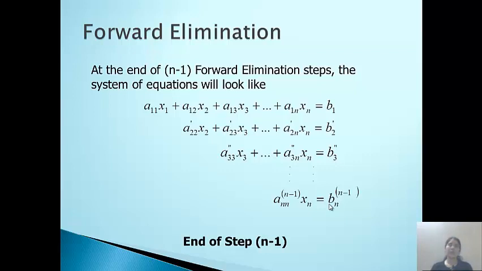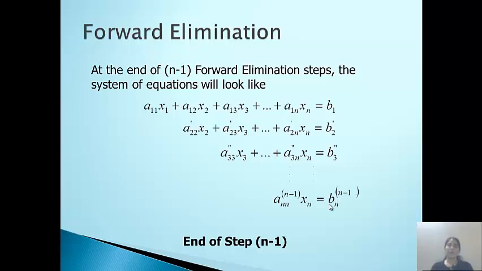The system of equations will look like a11 x1 plus a12 x2 plus a13 x3 plus dot dot dot plus a1n xn equal to b1. Then the second equation will be reduced to a22 x2 plus a23 x3 plus dot dot dot a2n xn equal to b2.